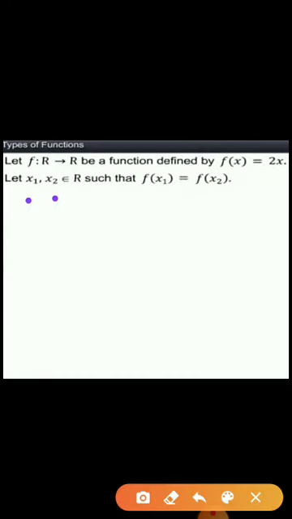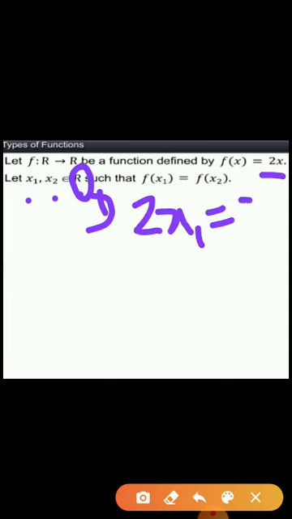So I have taken x1 and x2 belonging to R. This R is the domain set, such that f of x1 is equal to f of x2. After this, just apply the definition of f of x. What is f of x? f of x is 2x. So what will be f of x1? It will be 2x1 equal to 2x2.